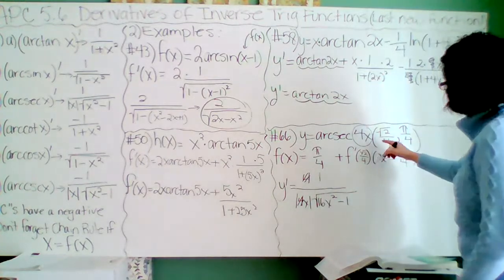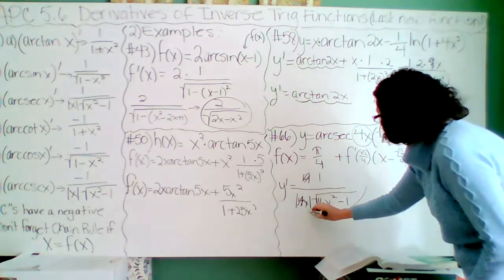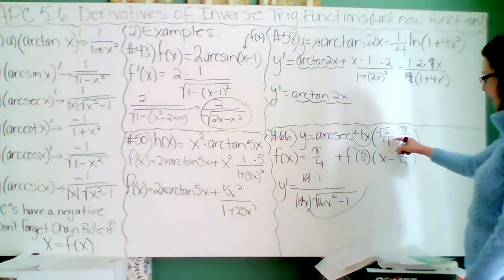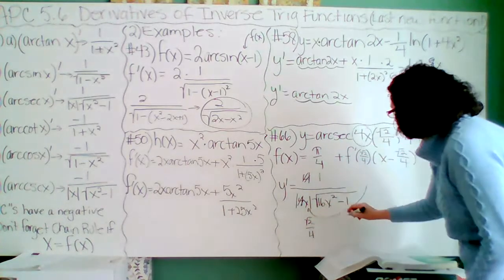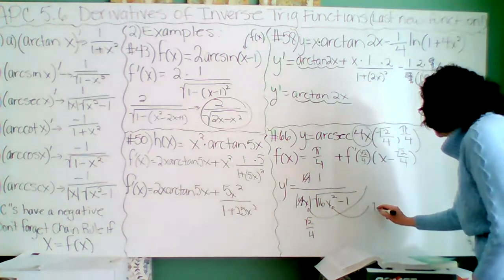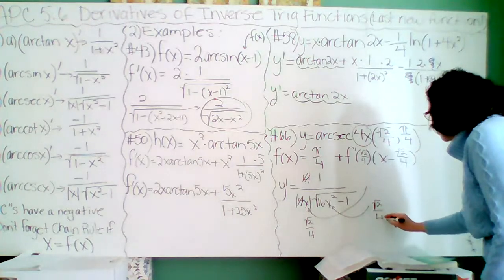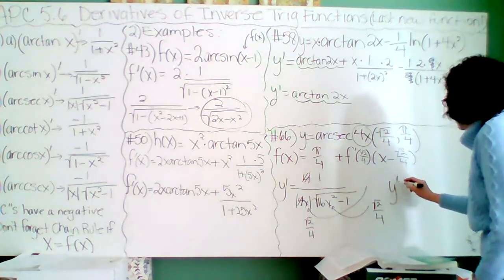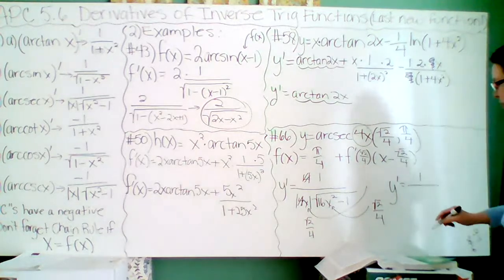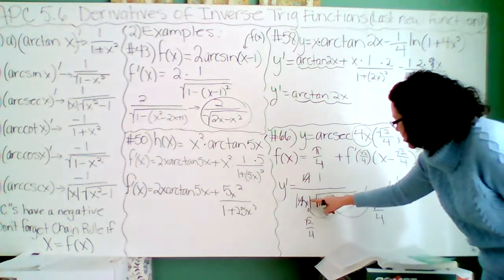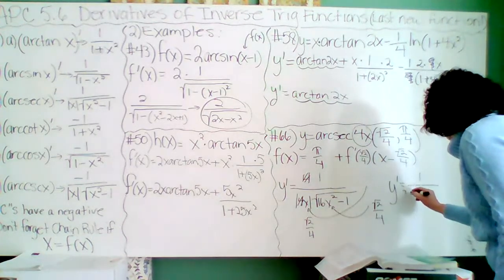So let's evaluate our derivative at the x they gave us. We're going to put a square root of 2 over 4 here and here, and we're going to work that out. So we have a 1 in the numerator. This is the square root of 2 over 4.